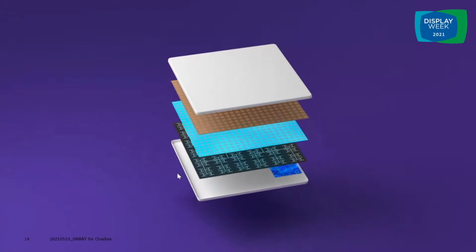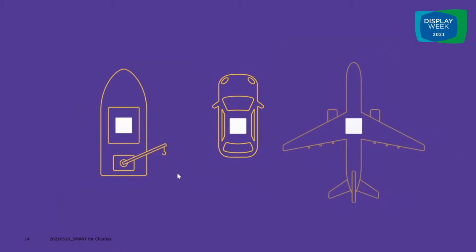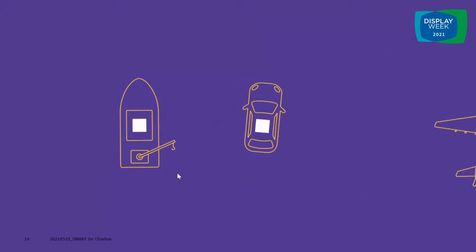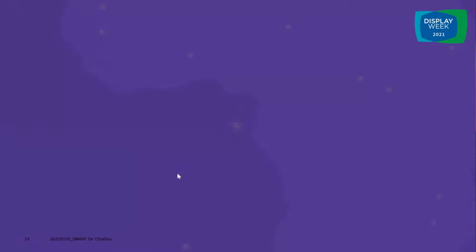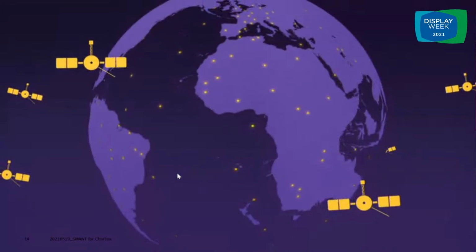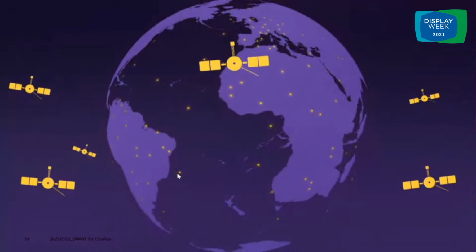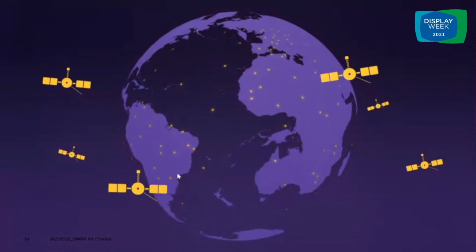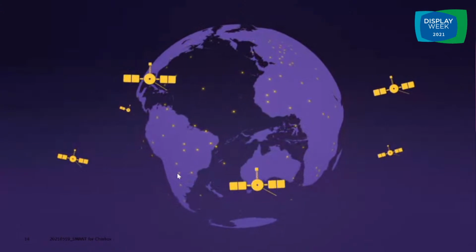It's built up like a display, and can be produced like a display, and could be nicely integrated into a car, airplane, and also a boat. And it's perfect for connecting in remote areas with all those new satellite constellations that are being launched right now.